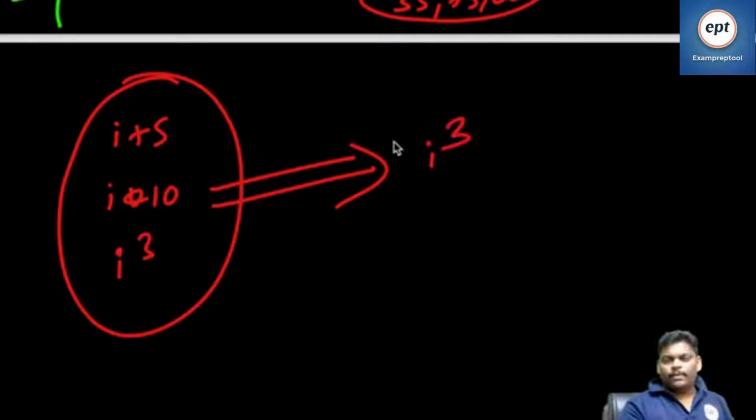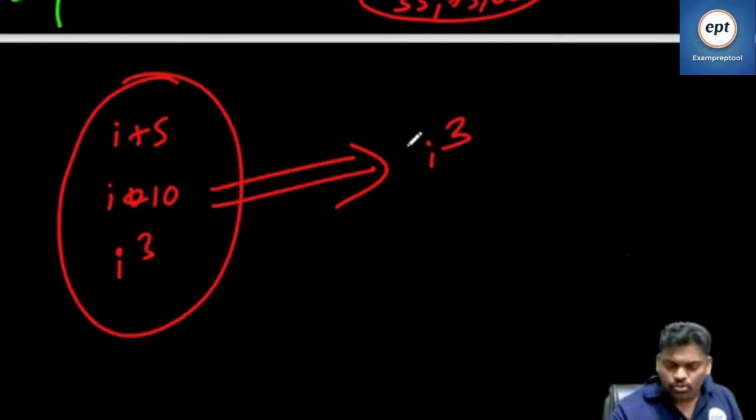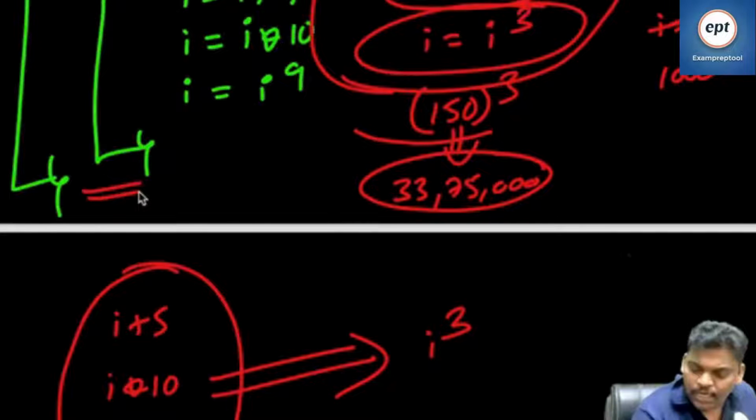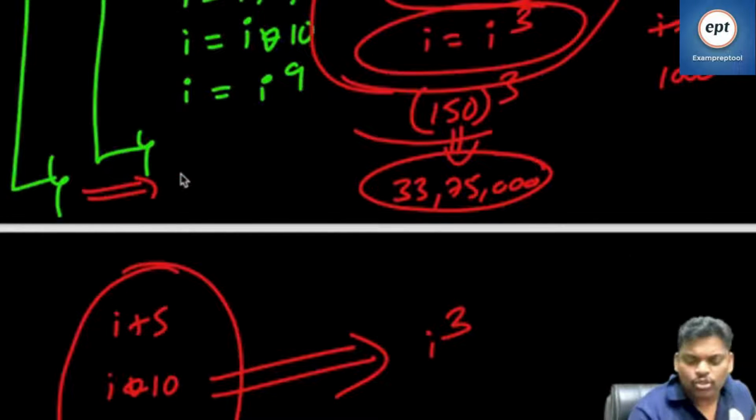For smaller values maybe some differences are there, but for larger I value they are almost equal to I cube. So time complexity, even if you take all three, you will get the same answer: log of log n.